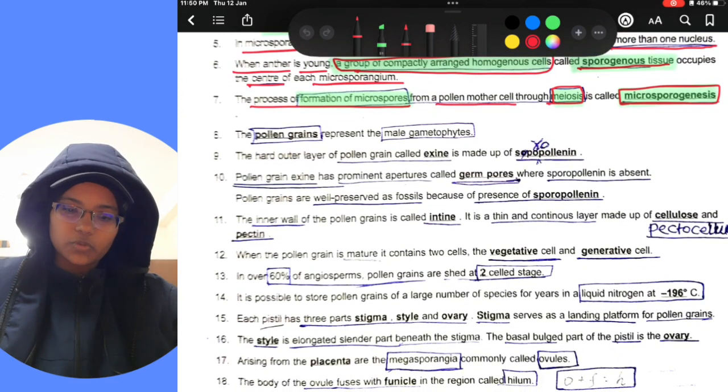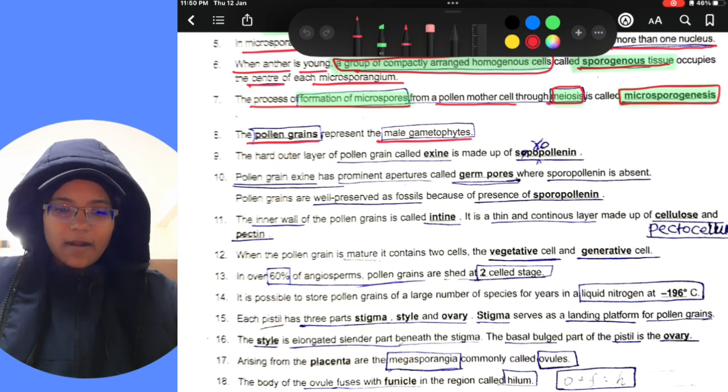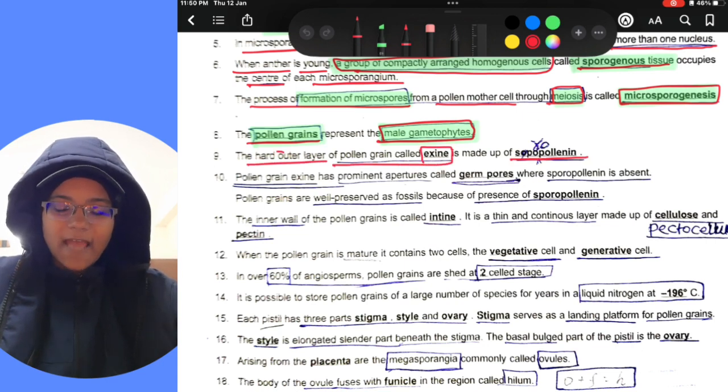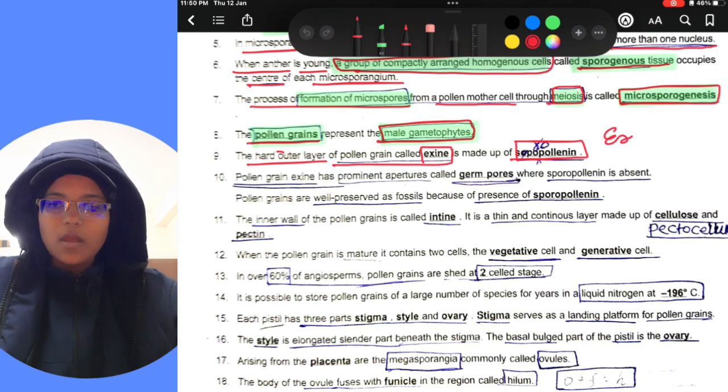The pollen grains represent the male gametophytes. The hard outer layer of the pollen grain, called exine, is made up of sporopollenin.